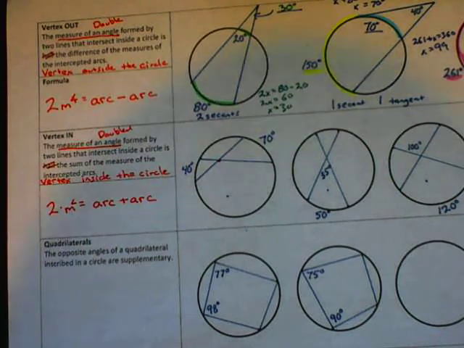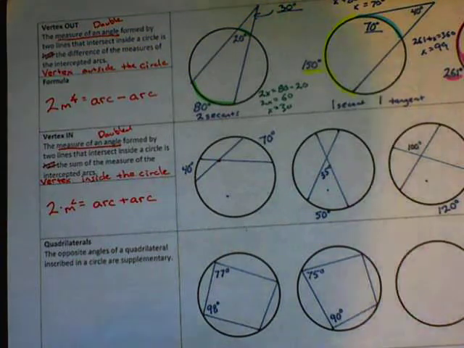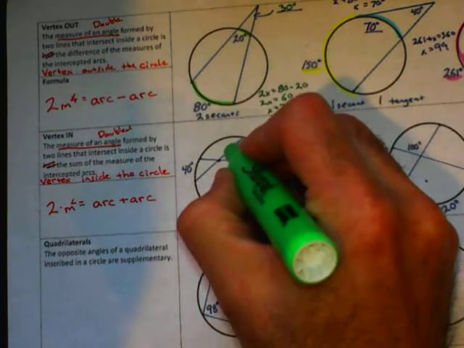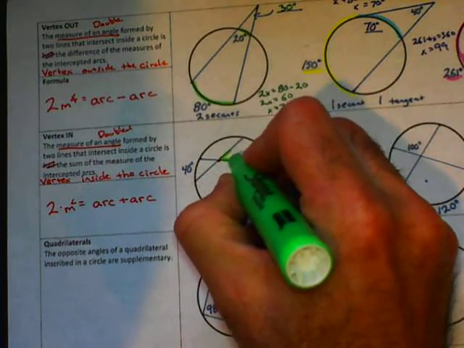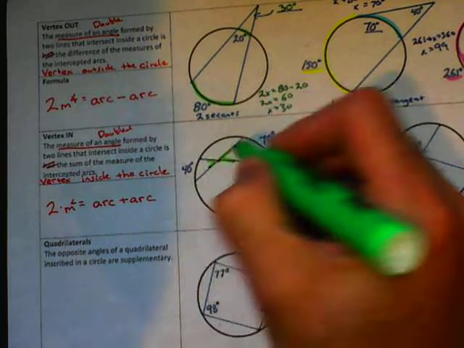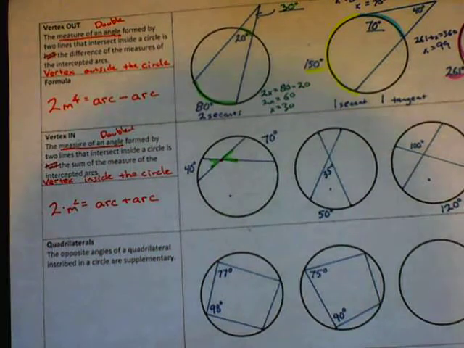And in this case, we're looking for one of these two angles, this one or this one. Those are vertical angles, so they're going to be the same. And we want to double that angle, that's what we're missing.